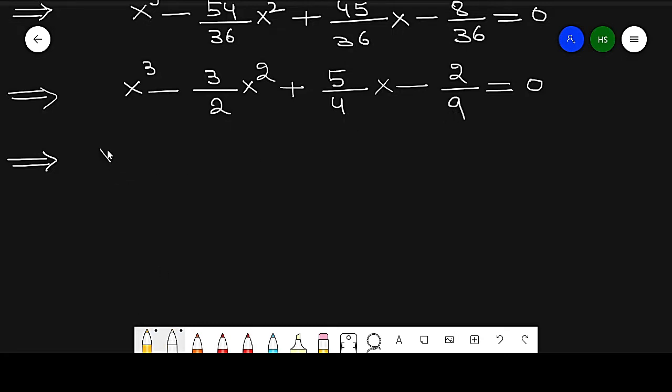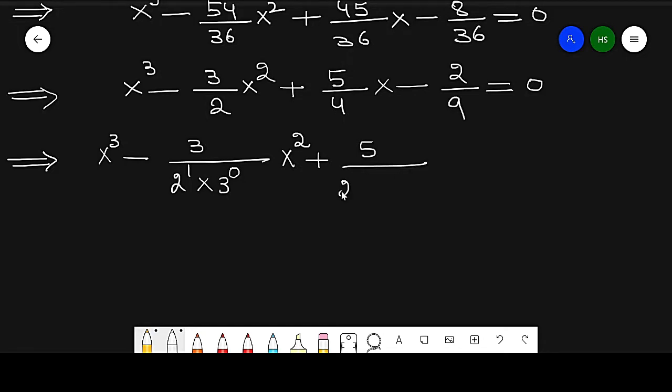So this equation can be written as x cube minus 3 by (2 raised to power 1 into 3 raised to power 0) x square plus 5 by (2 raised to power 2 into 3 raised to power 0) x minus 2 by (2 raised to power 0 into 3 raised to power 2) equal to 0.